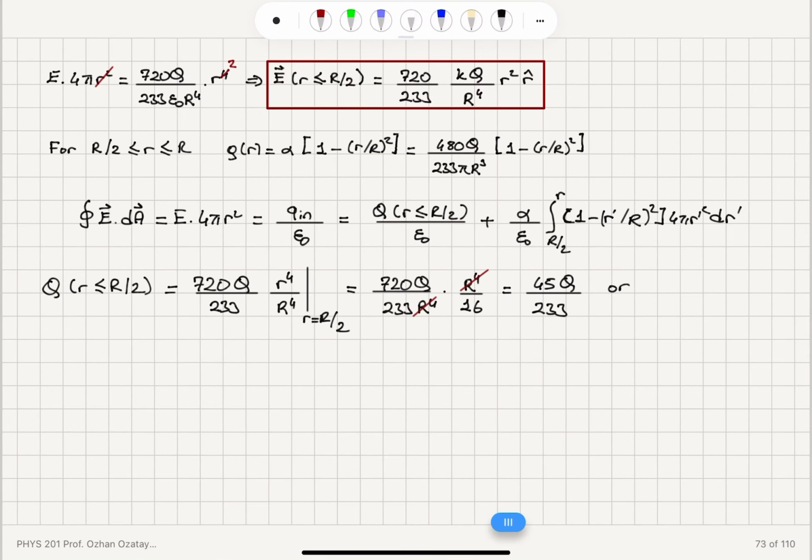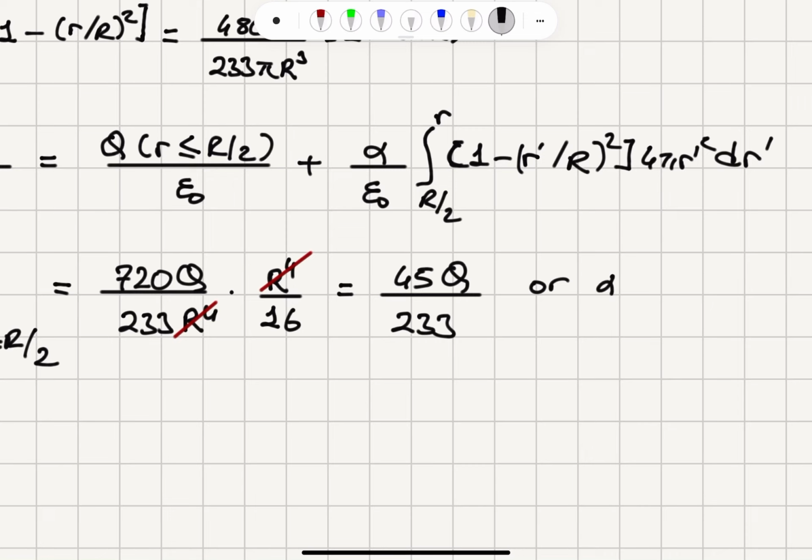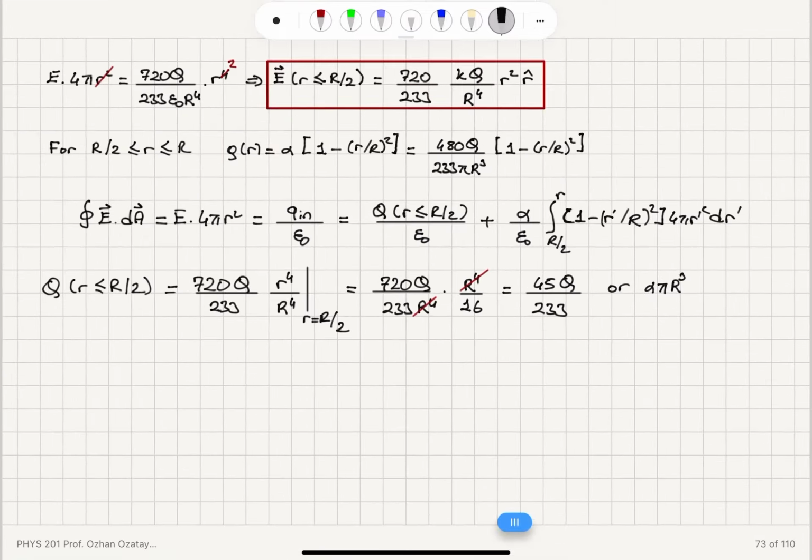So I can say alpha pi capital R cube is 480 Q over 233.